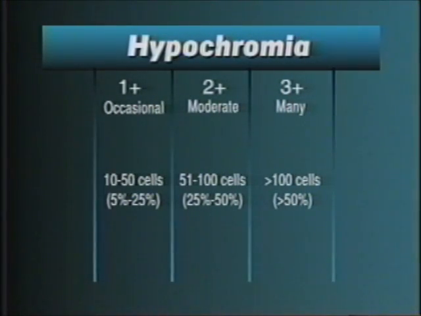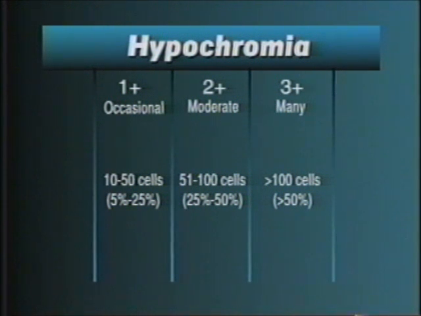The next area that we want to talk about is hypochromia. Hypochromia is another one of, as Jerry and I refer to it, a lumper, meaning that we have to see a lot of hypochromia before we make any comment on it at all. For all the lumpers, we use the same criteria. As Jerry said, 10 to 50 cells or up to a quarter of the field would have to contain hypochromic cells for it to be considered important.